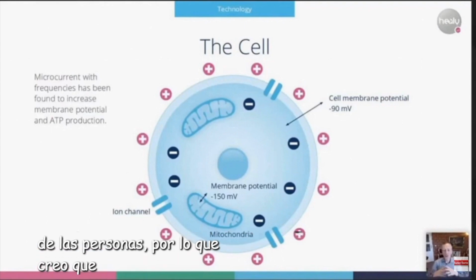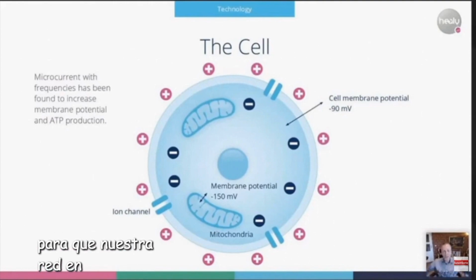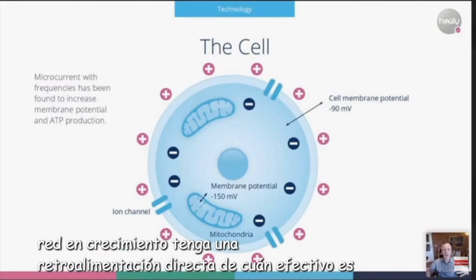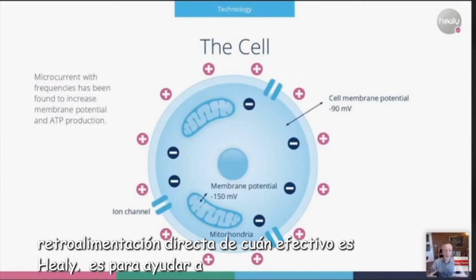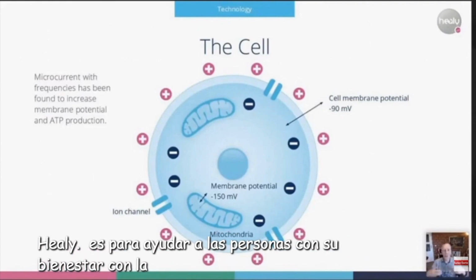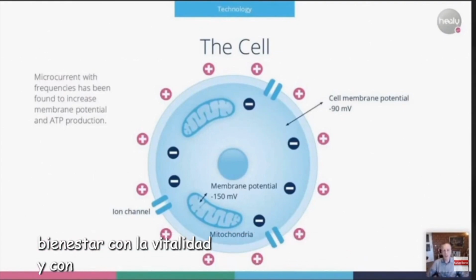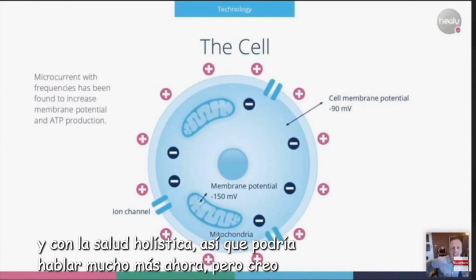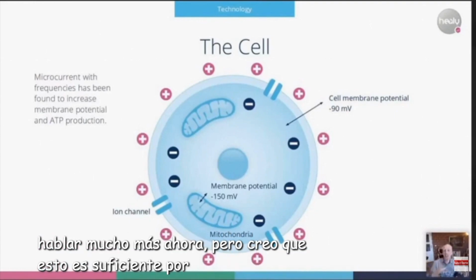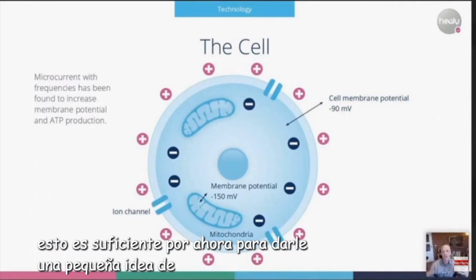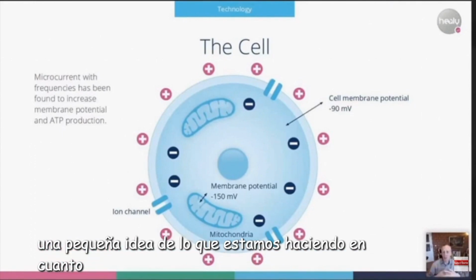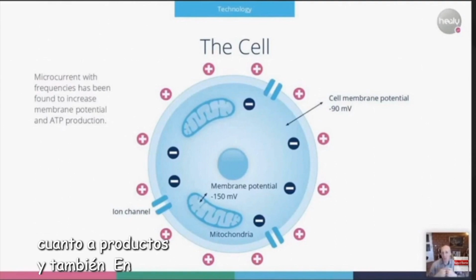So I think this will be very, very helpful for our growing network to have direct feedback on how effective Healy is for helping people with their well-being, with their vitality, and with their holistic health. So I could talk much more now, but I think this is enough to give you a little insight into what we are doing product-wise and also research-wise.